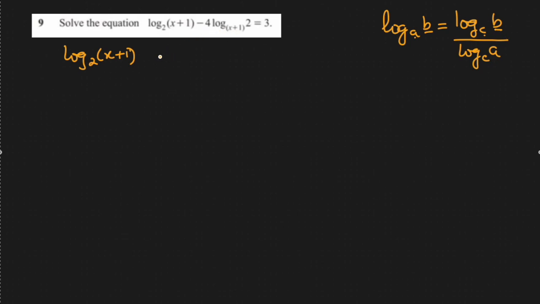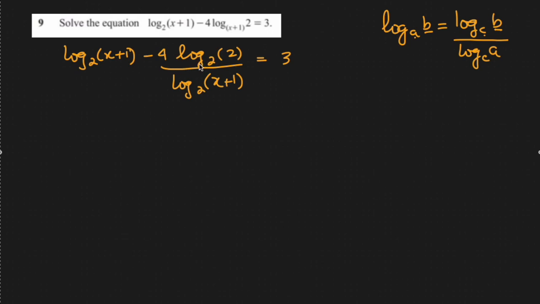This base will be changed. So minus 4 remains what it is. This becomes log base 2, because it was here log base 2, and the main number remains main number 2, but it will have a denominator now by log base 2, and the base which was there earlier, x plus 1, like base a was here and it became main number, x plus 1 will become main number, okay, equal to 3.